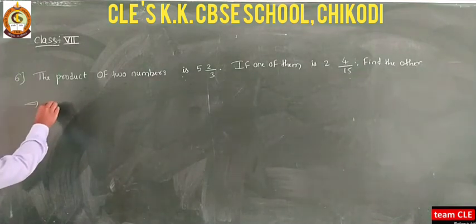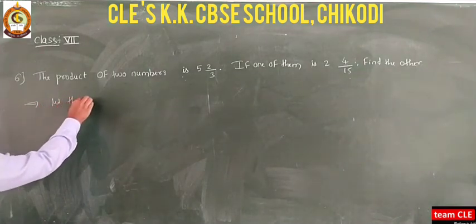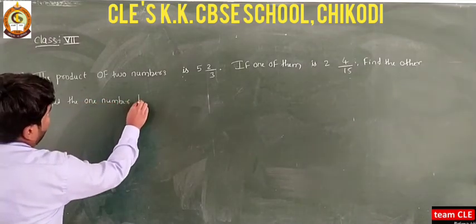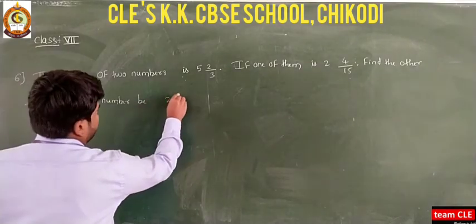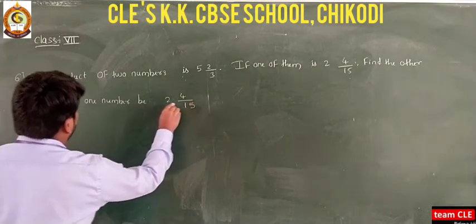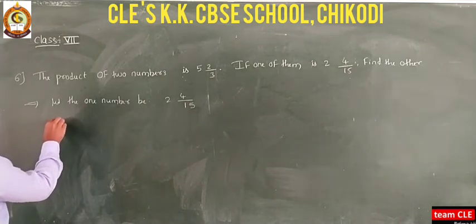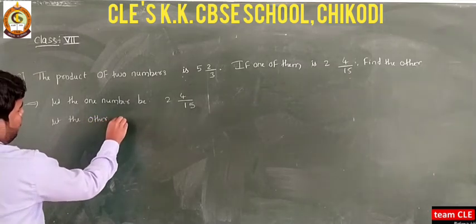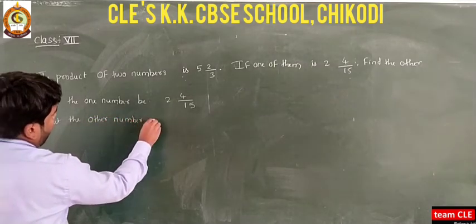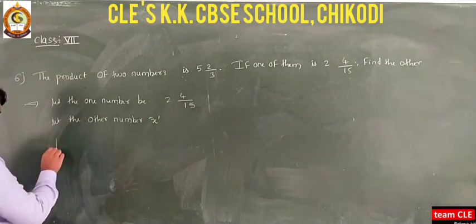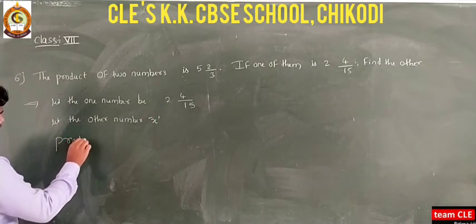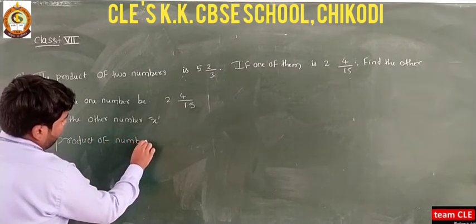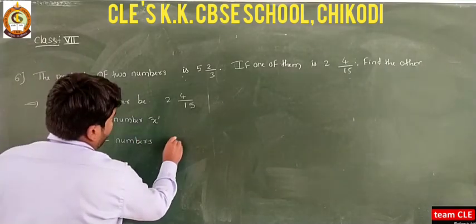So let one number be 2 integer 4 by 15, and let the other number I choose as x, and the product of the numbers is given as 5 integer 2 by 3.